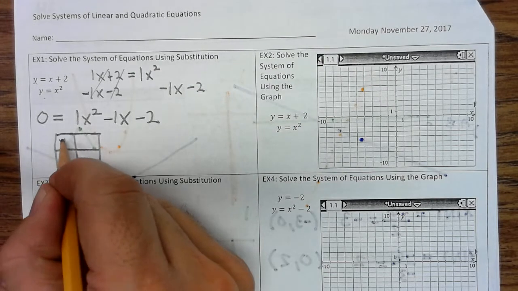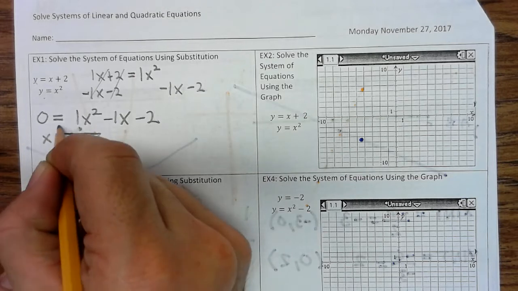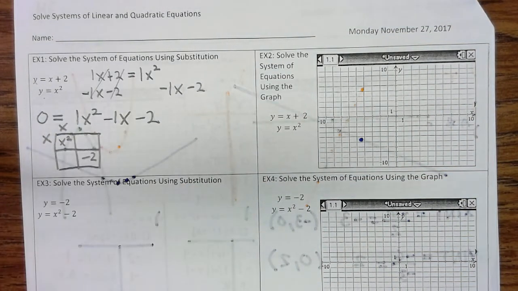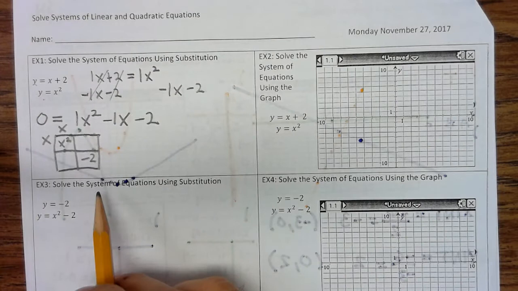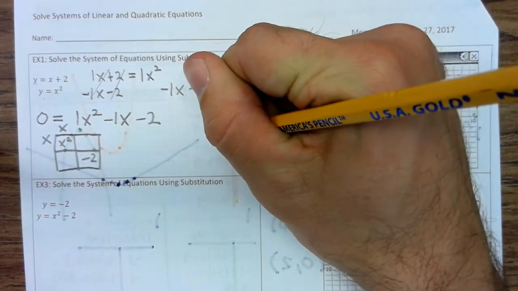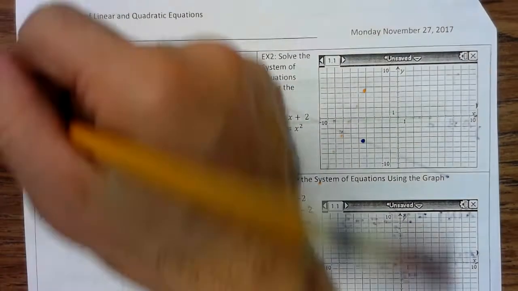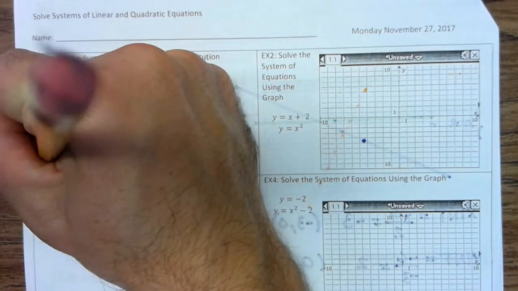First term, last term. We know x and x make x squared, and now we need to think of all the combinations to make negative 2. Well, that's just 1 times negative 2 and 2 times negative 1. So it's x plus 1, x minus 2.